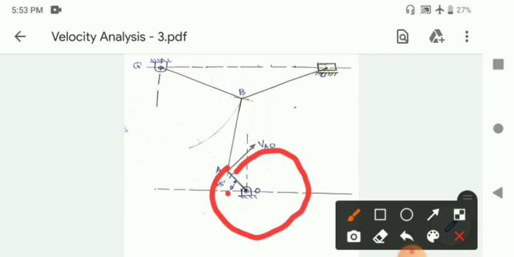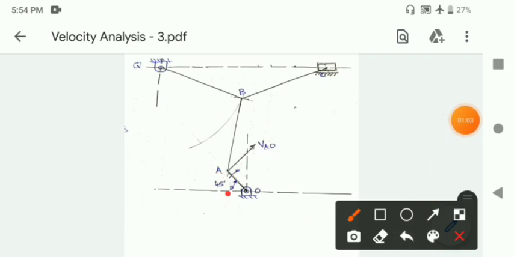And since the crank is rotating in the clockwise direction, the perpendicular direction will be towards the right. What is shown in the figure will be the direction of velocity of point A relative to O. So from point A you draw a line perpendicular to link OA in the upward direction.